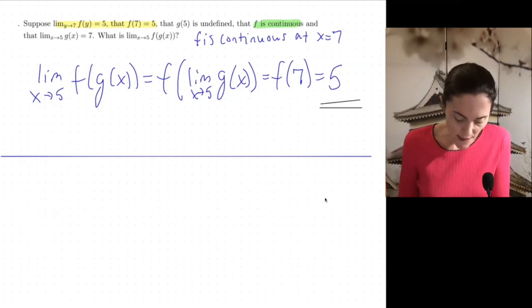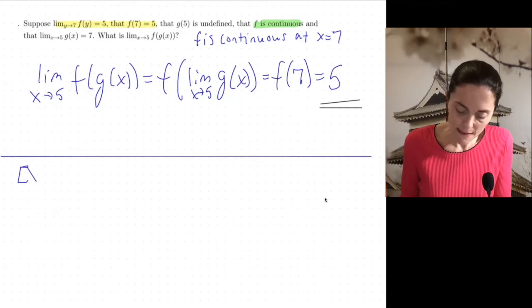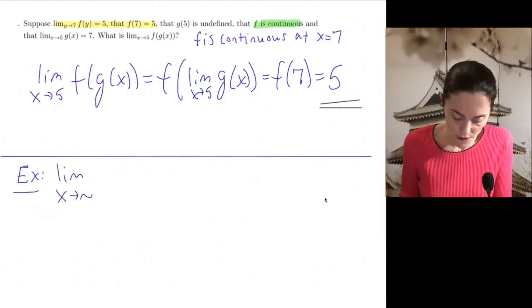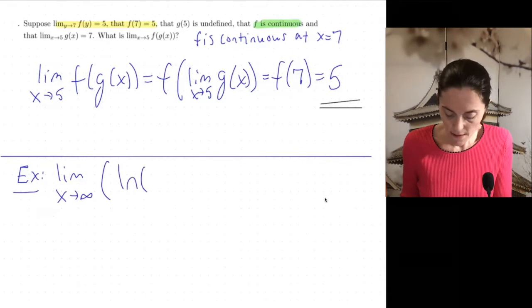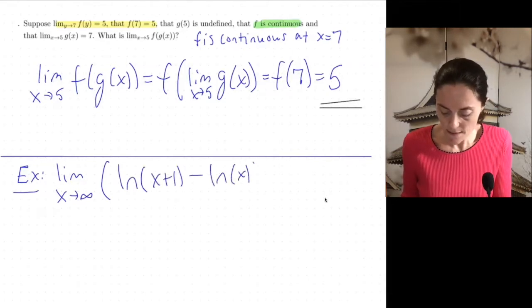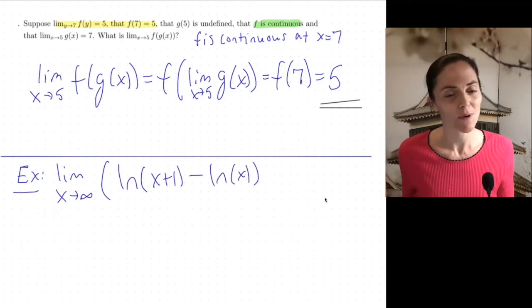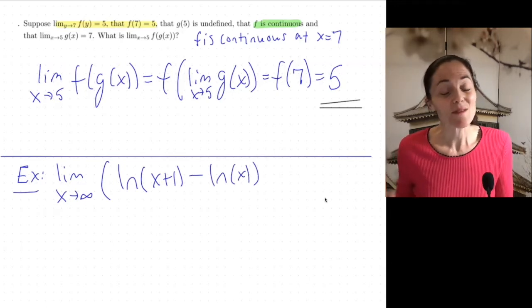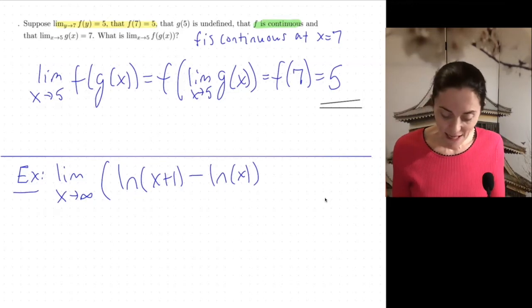Now, another example, and I wanted to do this in class, but we didn't get to it, is the limit as x approaches infinity of ln(x+1) minus ln x. This is a really great example. If you think about what's happening, natural log, let's graph it.